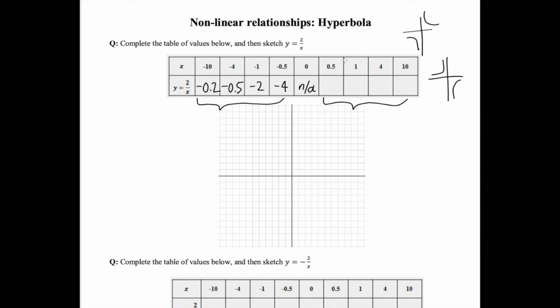These are the same numbers but positive. So I'm just going to put the same values here, except instead of a minus, I'm going to write a plus. So you have 4, you have 2, 0.5, and you have 0.2.